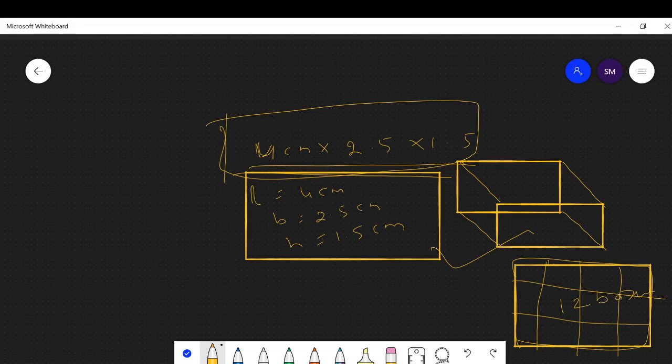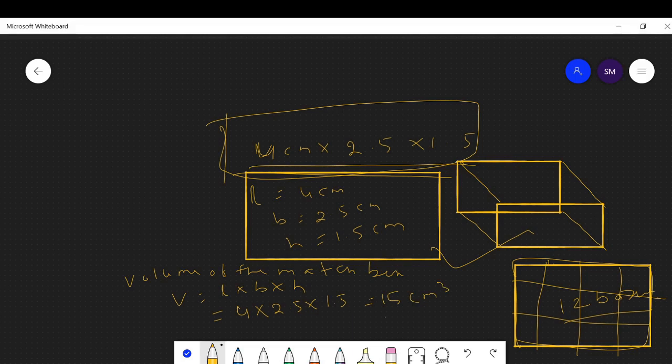At first find the volume of each box. The volume of the matchbox, which is in the form of a cuboid, is V equal to L into B into H, which is equal to 4 into 2.5 into 1.5, which is equal to 15 centimeter cube.